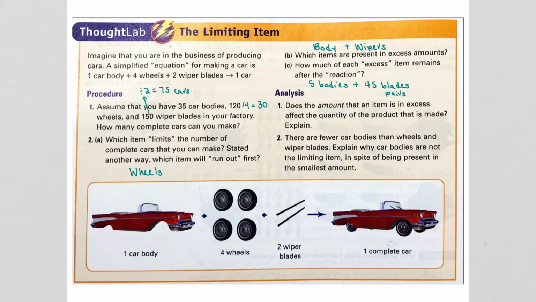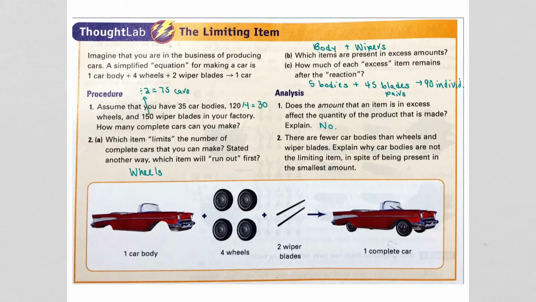And so that would actually be 90 individual blades. Does the amount that an item is in excess affect the quantity of the product that is made? No, because whichever one limits is going to be the one that stops the reaction.